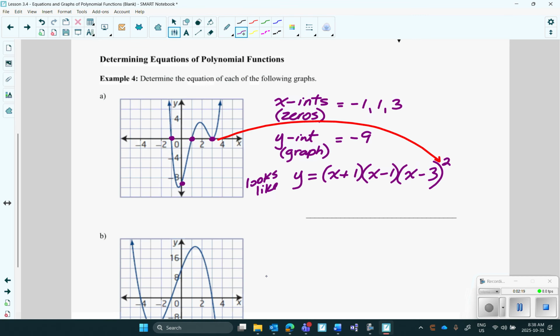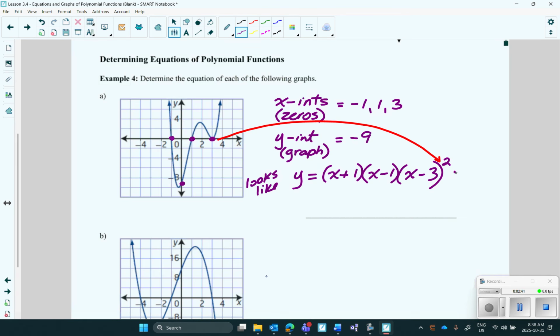What I have to do is check the y-intercept of this. If the y-intercept of this matches what we got from the graph, this is our equation. If it doesn't match, that means there's something in front being multiplied to get the proper y-intercept.